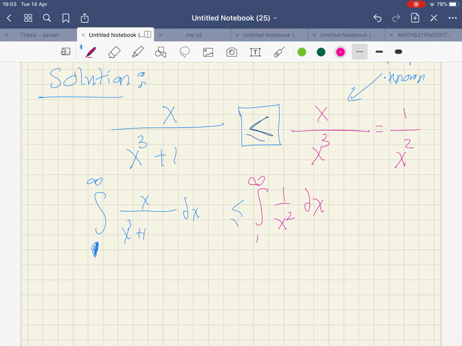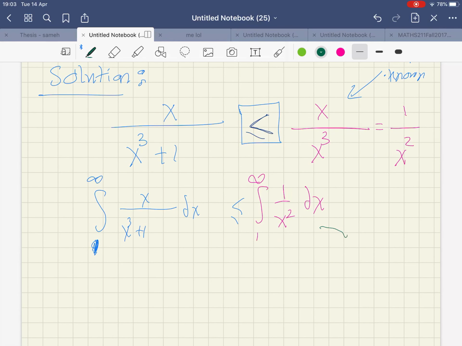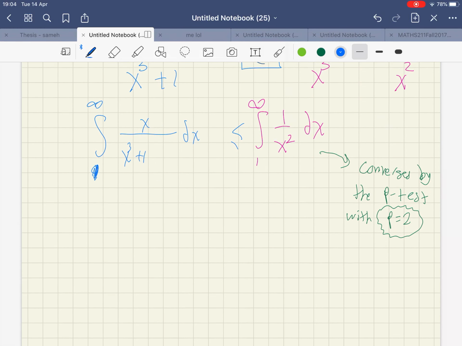Okay. Now I want you to ask yourself, does this converge or diverge? It converges, and you have to write the reason, by the p-test with p equal to 2. So the right one converges by the p-test with p equal to 2. Now, if the bigger one converges, what can we say about the small one?